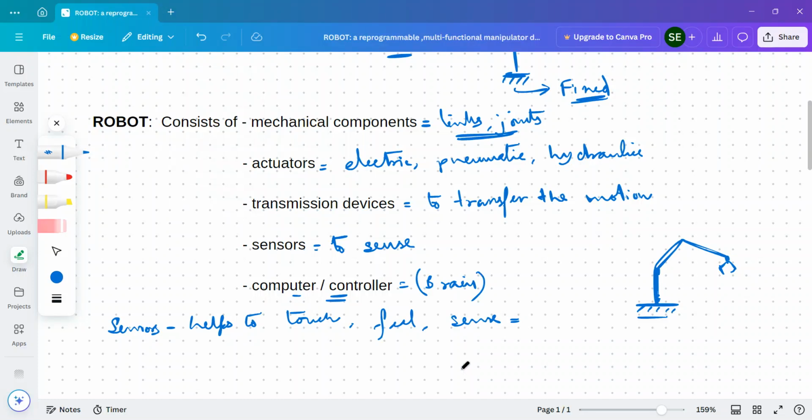Let me tell you the parameters. Sensors may sense motion, force, temperature, the humidity of the environment around the robot, and also heat.